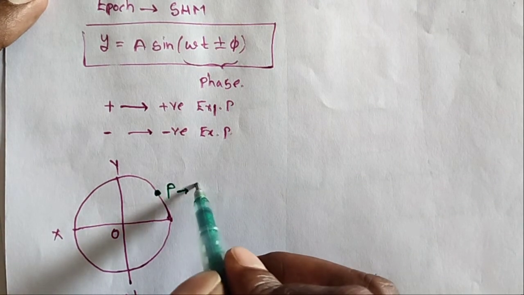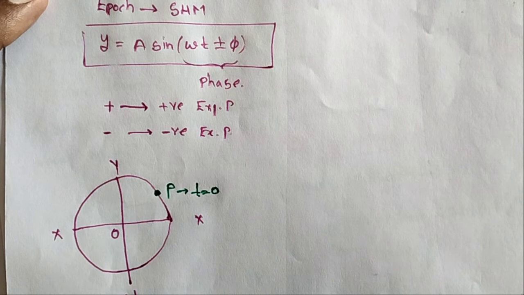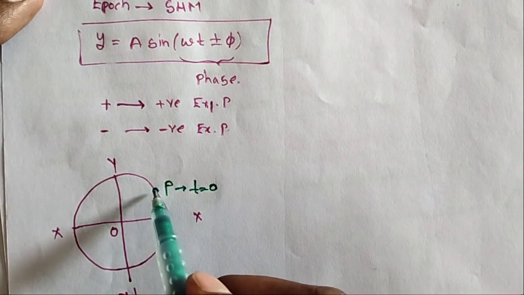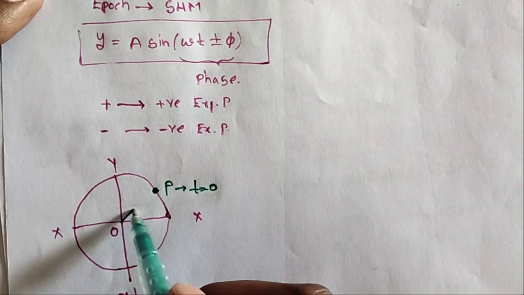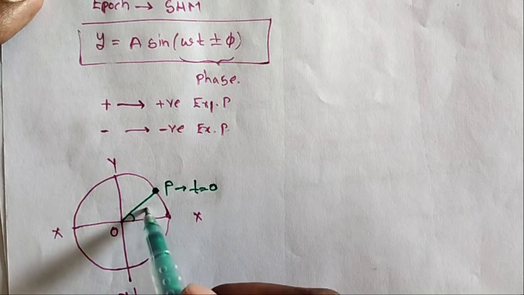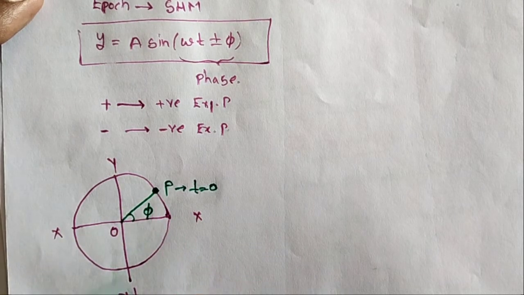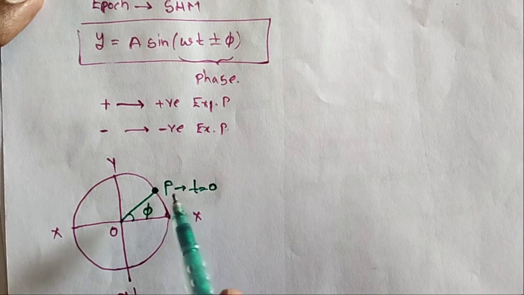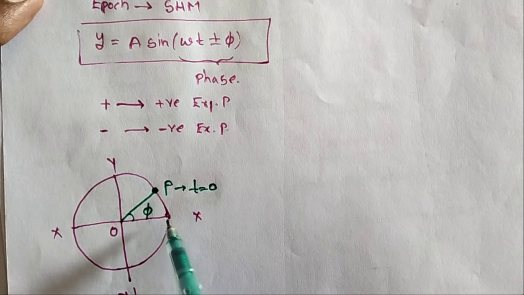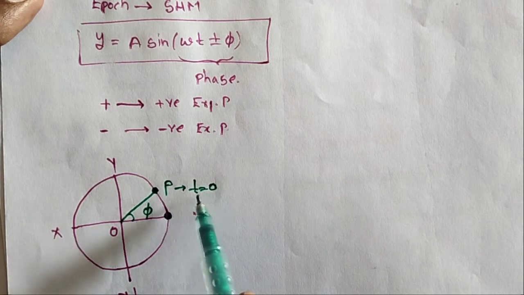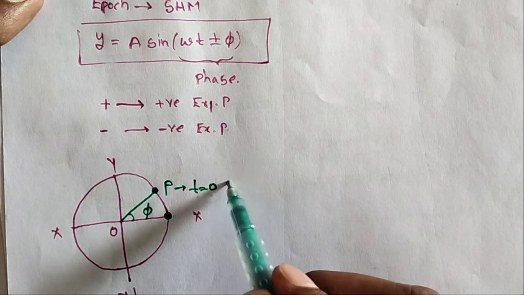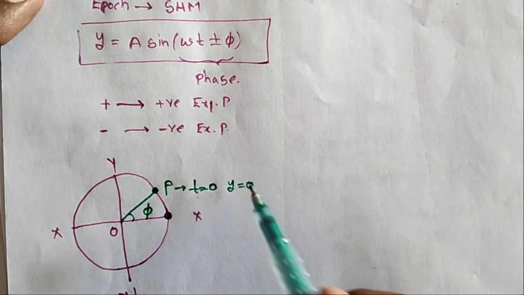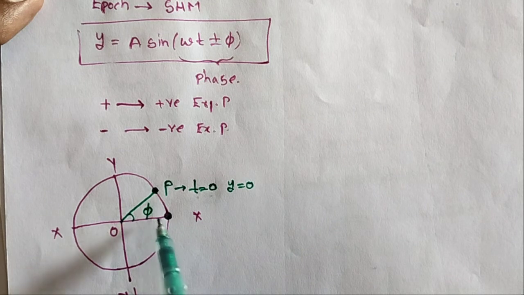So what is the time here? T is equal to 0. Now this particle makes an angle with respect to the mean position, that is called phi, not theta. In the previous case, the particle started at the mean position. But now I am taking the particle starting at position P, where at t is equal to 0 the displacement is also 0, but it makes some angle with respect to the mean position, that is called epoch.